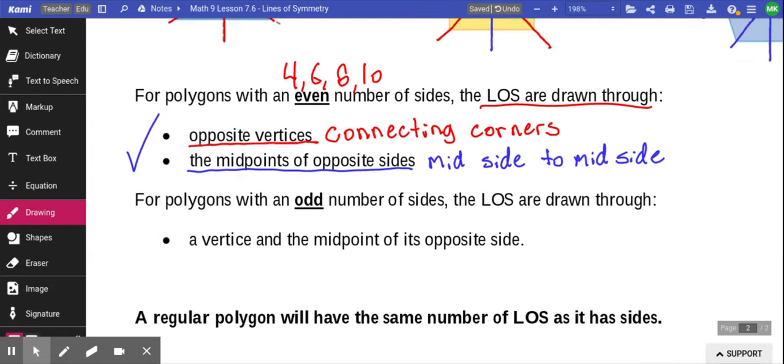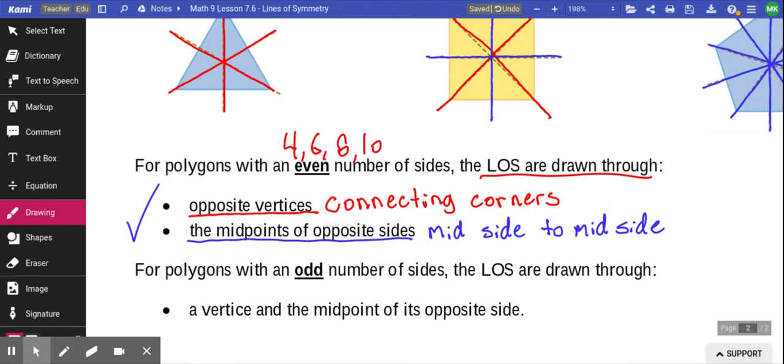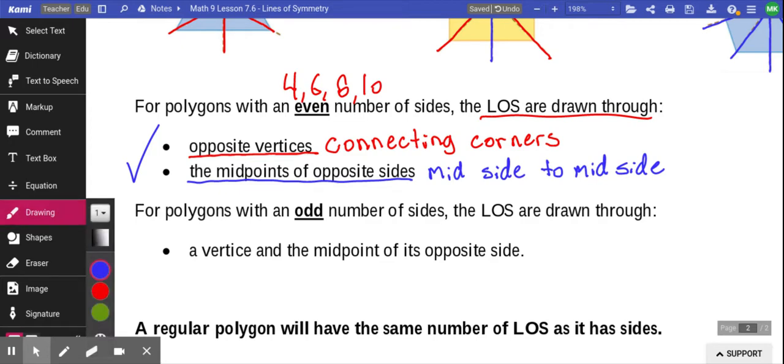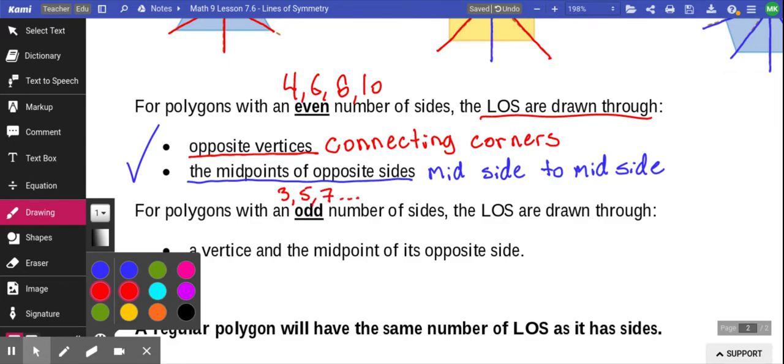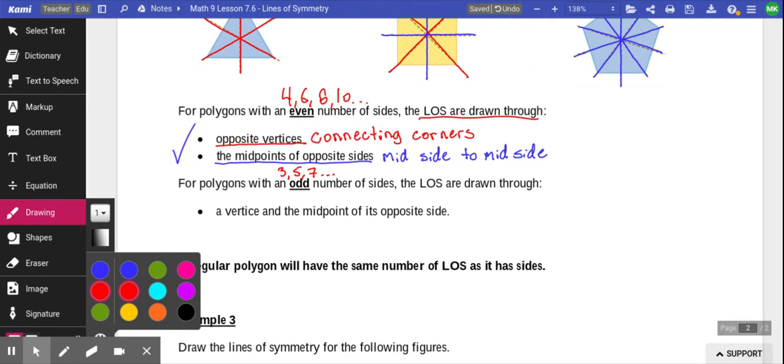So for polygons that have an even number of sides, that is how I could create all the lines of symmetry. For odd-sided polygons, so that's like our triangles, which had 3, our pentagon, which is 5, 7-sided figures, which is a heptagon, and so on and so forth, there's only one rule that you have to follow to find lines of symmetry, and that rule is go from vertice to mid of opposite side.